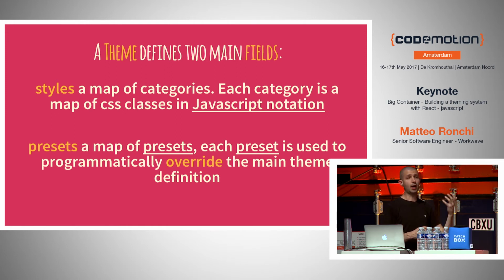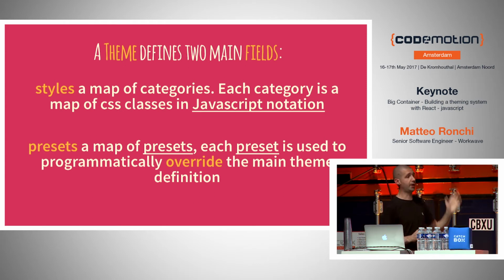It could be a component-based approach, so we have the button category, checkbox category, slider category, and inside the category, the specific class definitions. Or you could go atomic and create a font category, a color category, a padding category, and name those kinds of styles by their use, being more semantic.